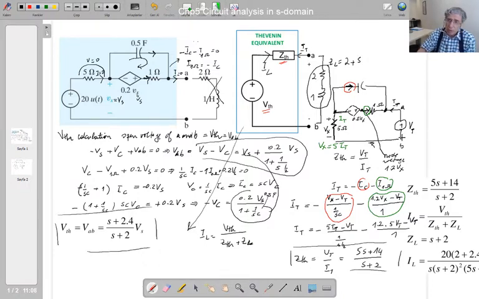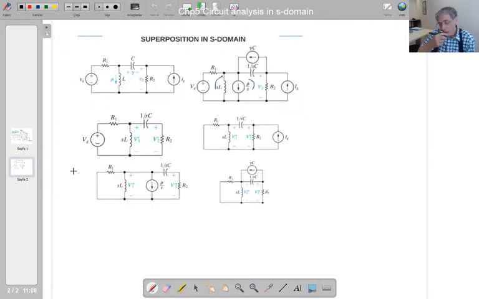So let's come to the superposition application in circuit analysis. In here you see a circuit given in the S-domain, and the inductor and capacitor have initial values rho and gamma respectively.